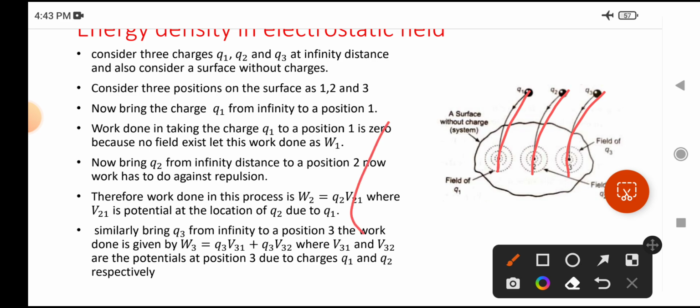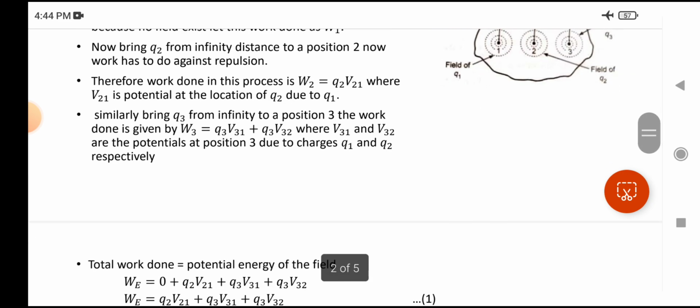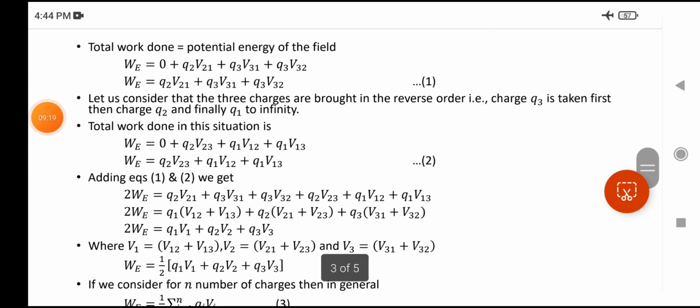Now we have to do the reverse process. In the reverse process, which charge do we bring first? Bring charge Q3 first, next Q2, next Q1 to infinity. Okay, it is the reverse process.